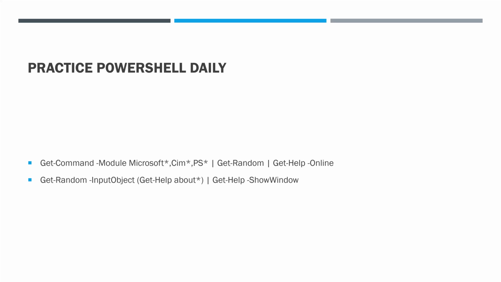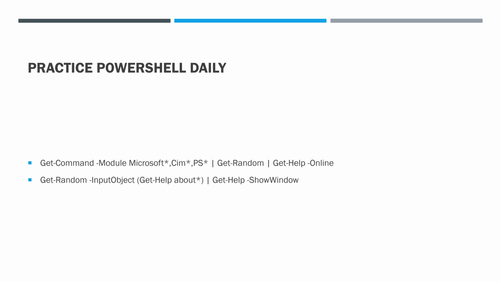At the very least, look at help for a random topic. So the first command I have here on the slide will get a random command and then get the help for that command and show the online help. Even if you do nothing else, but every day read help, that's something. And also the same thing for an about topic.